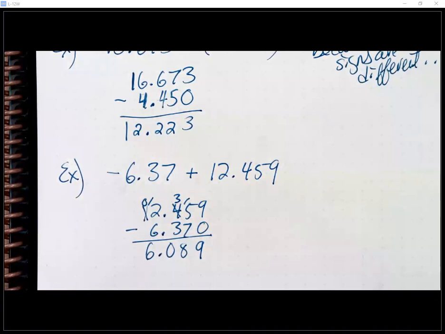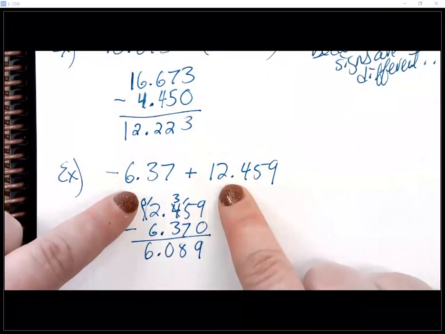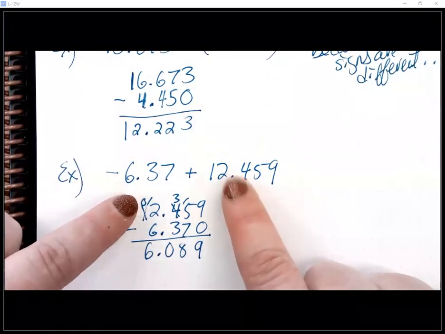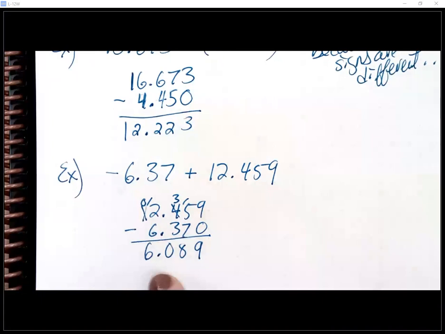Should be positive. Because if I go back to the originals, this 12 was much bigger, right? That's the bigger number and its sign is positive, so my answer should be positive.